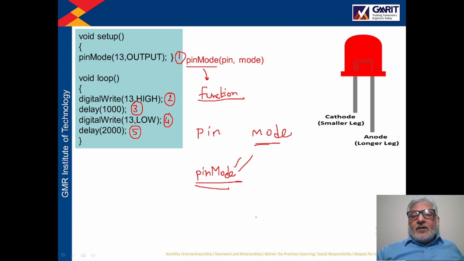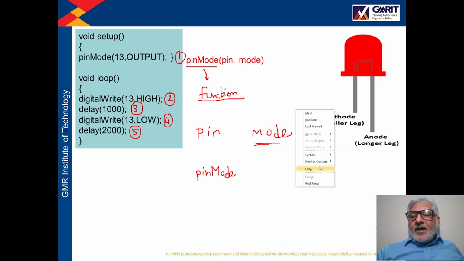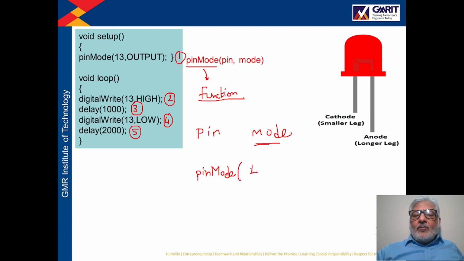Now this pinMode, which is a function, has two arguments: argument number 1 and argument number 2, separated by a comma. In argument number 1 you have to mention the pin number for which we are using this function pinMode, and in argument number 2 you have to mention the mode of this pin.